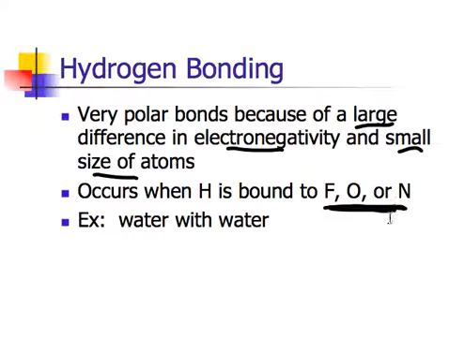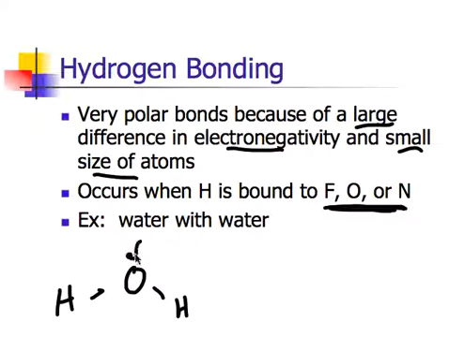Because some people would say, well, chlorine has a very similar or the same electronegativity as nitrogen. Or actually, I think it's nitrogen and oxygen are about the same. But chlorine's big. So it can't get as close to the hydrogen, and the size of the charge or the force is not as strong. So an example of this would be water molecules attached to each other.